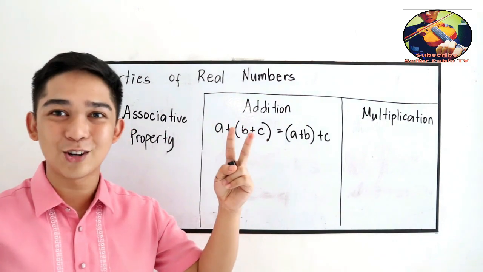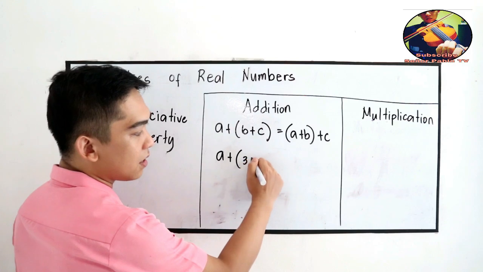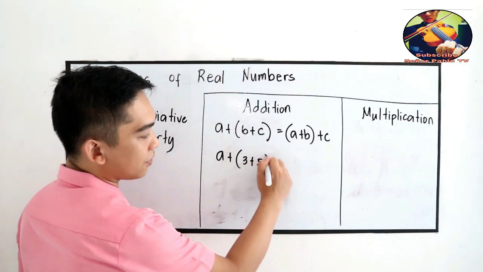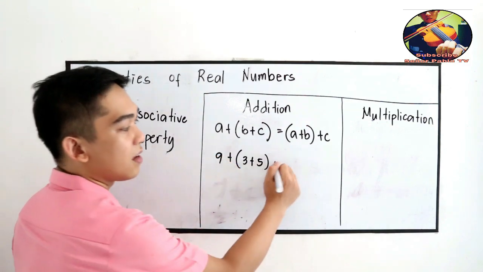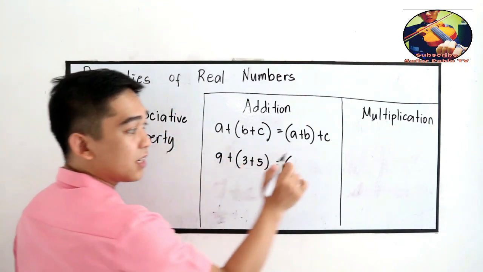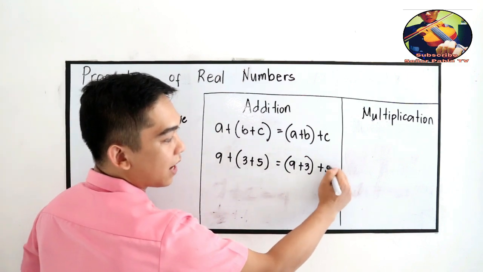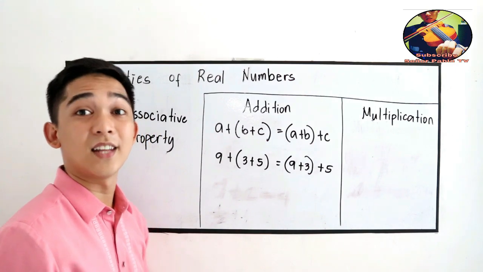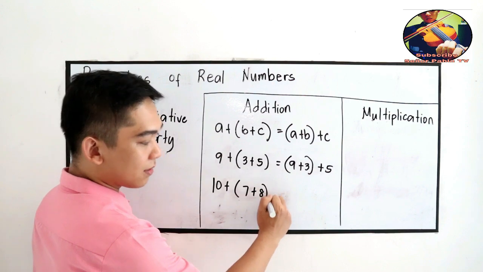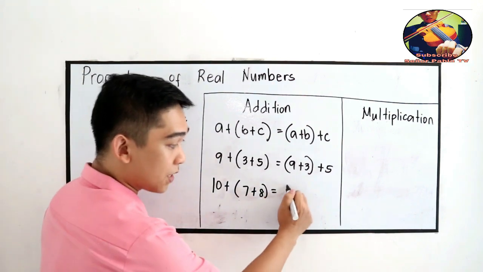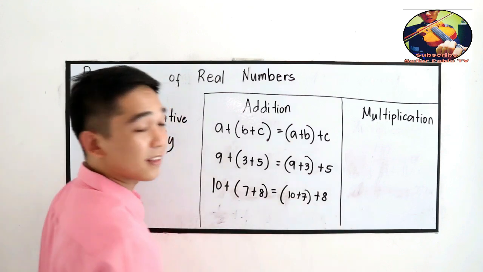That is what you should remember. If we have A plus the quantity 3 plus 5, let's say our A is 9, it is equal when the grouping is 9 plus 3, and then positive 5 is outside. Next, 10 plus 7 plus 8 is equal when the grouping is 10 plus 7, plus 8.